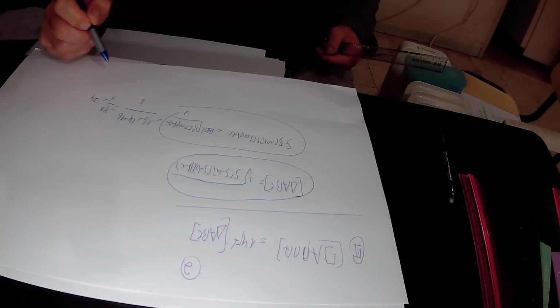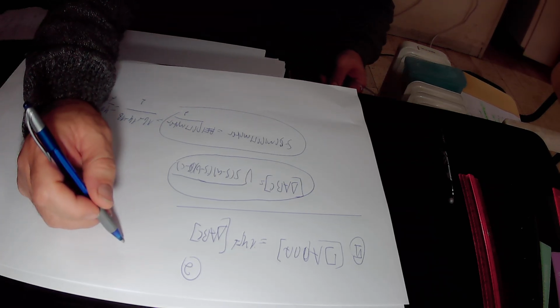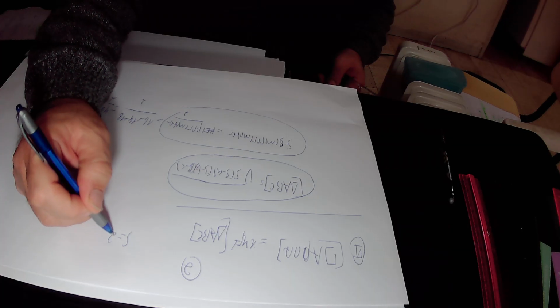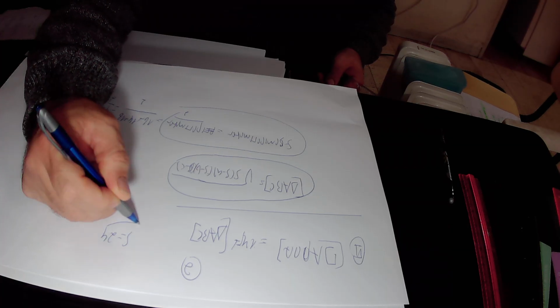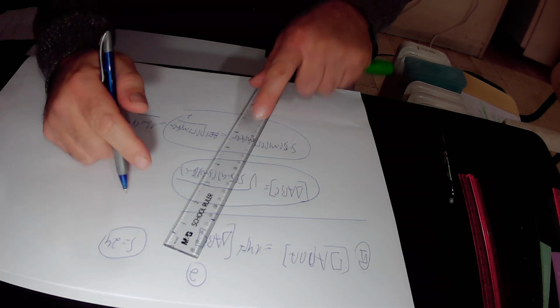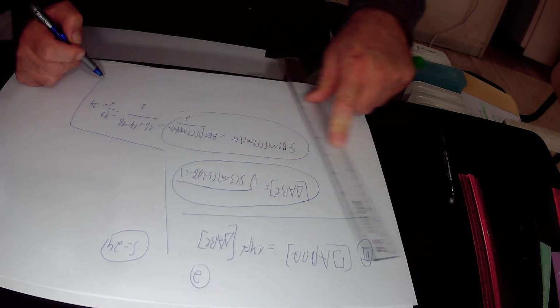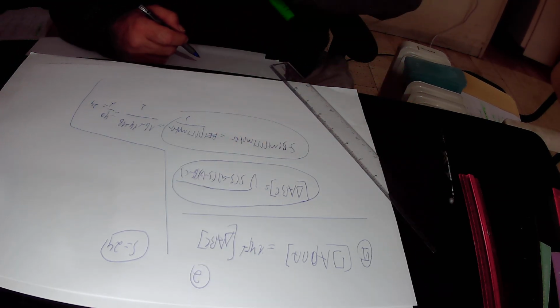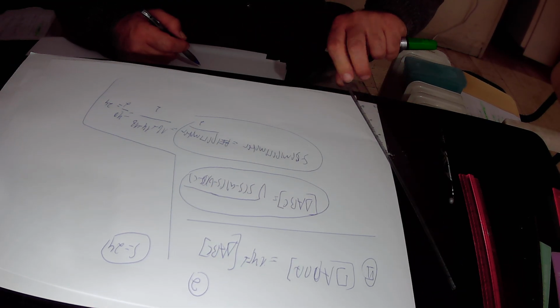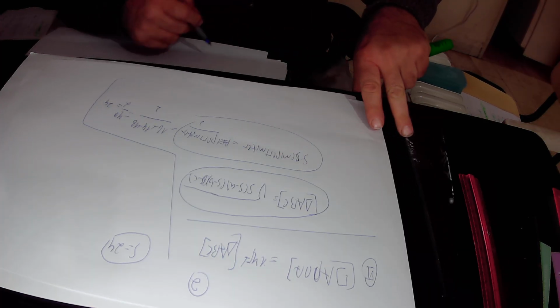So we found out that the semi-perimeter S of triangle ABC is equal to 24 units in length. So S equals 24 units. A, B, and C are the side lengths of triangle ABC.